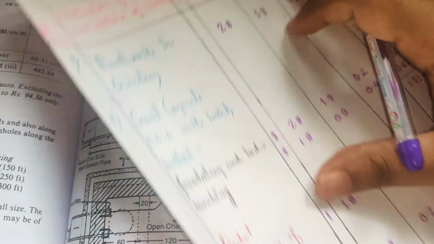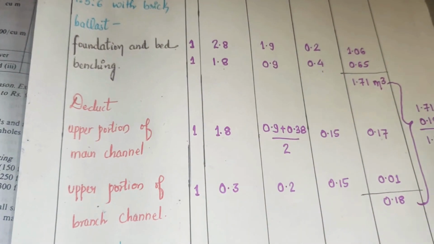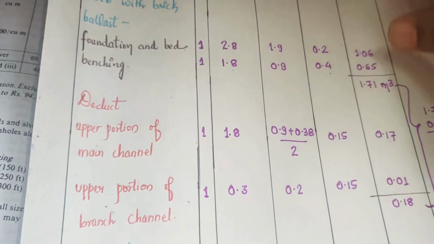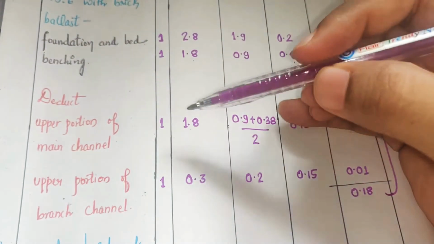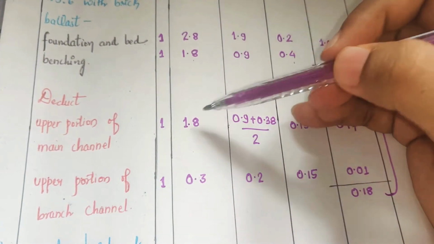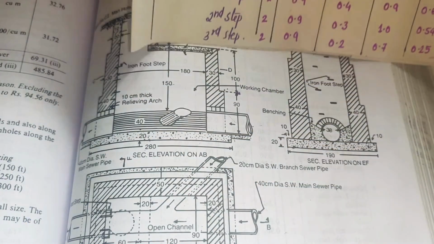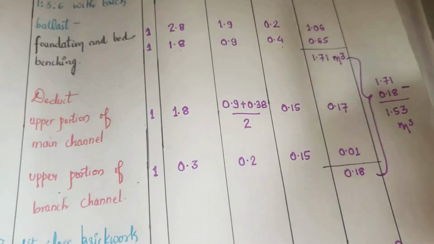For that we'll take up the deduction part, which is the upper portion of the main channel and upper portion of the branch channel. For the upper portion of the main channel, the length will remain the same, 1.8. The pipe is running full, you can see here. Now the difference here will be what?